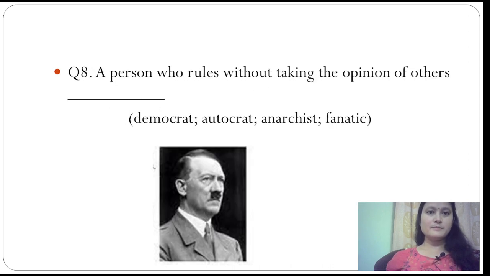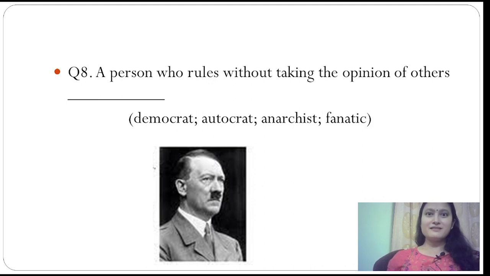Next is a person who rules without taking the opinion of others. Okay, so you can very well see here in this picture Hitler, and I guess you got the answer. This word will be autocracy.